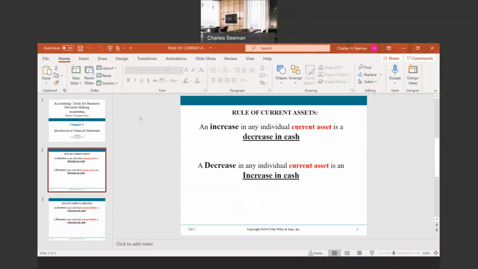An increase in any individual current asset is a decrease in cash. You may or may not understand why right now, but you just got to accept that rule for now. A decrease in any individual current asset is an increase in cash. So if a current asset increases, it's a decrease in cash. If a current asset decreases, it's an increase in cash.